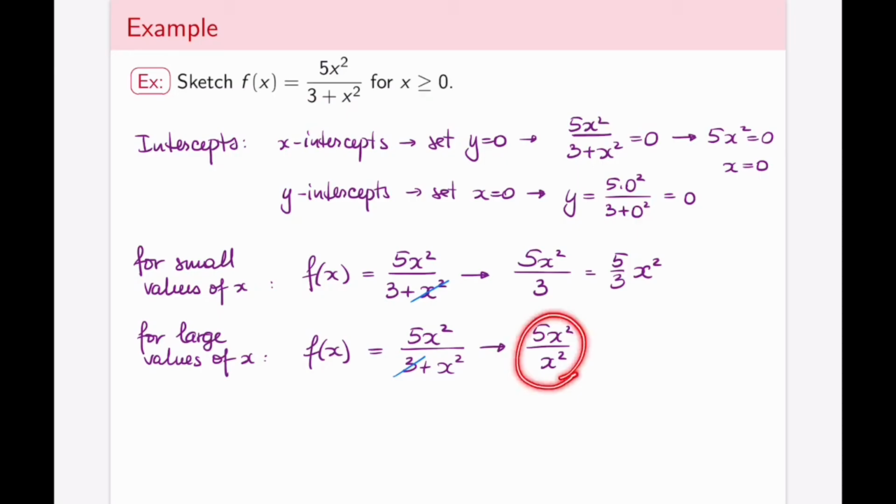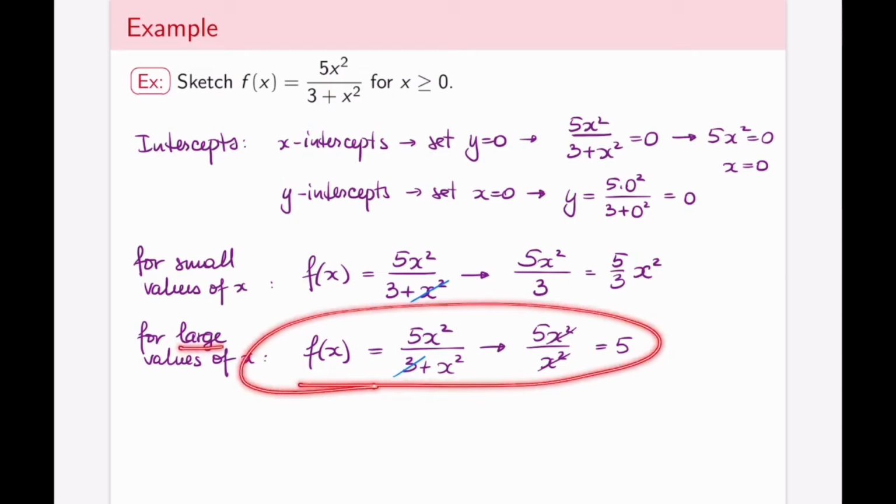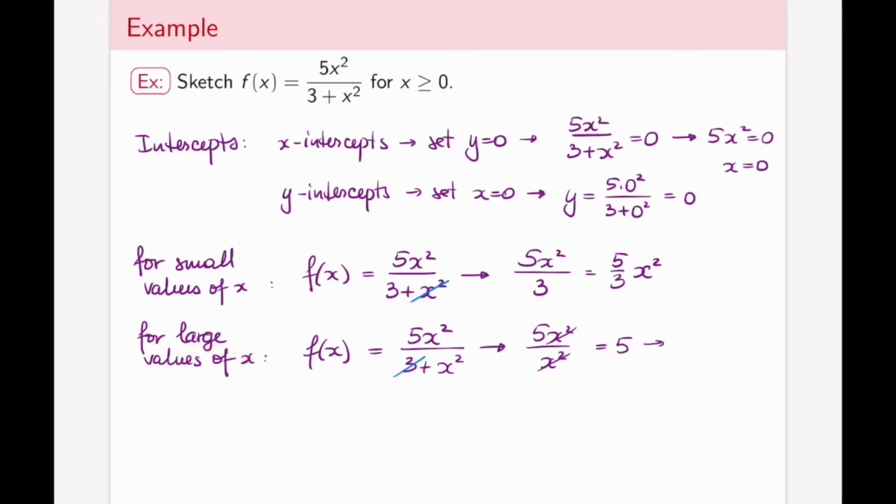Whereas in this term, I can cancel the x squareds and overall end up with 5, a constant. Recall that what I am doing here, when I am analyzing what happens for large values of x, is analyzing the end behavior of the function, which corresponds to the horizontal asymptotic behavior.